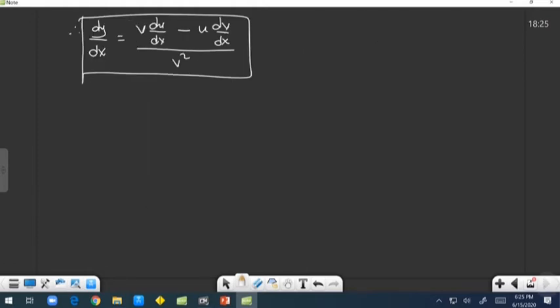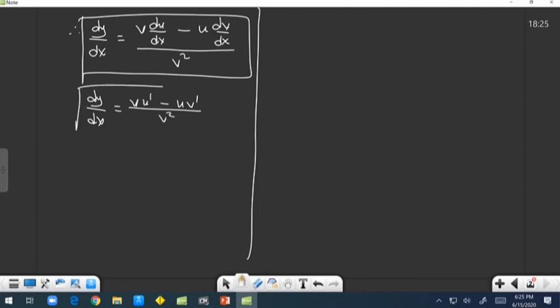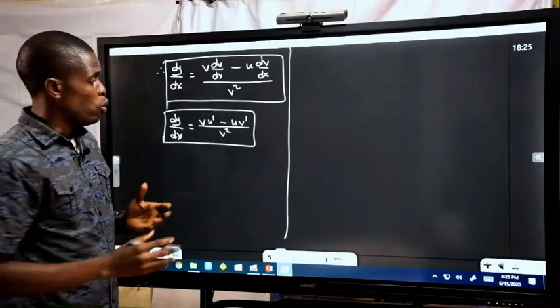So we can solve problems using this, and we can rewrite the expression as v u prime minus u v prime divided by v squared. That's another form of writing the quotient rule.